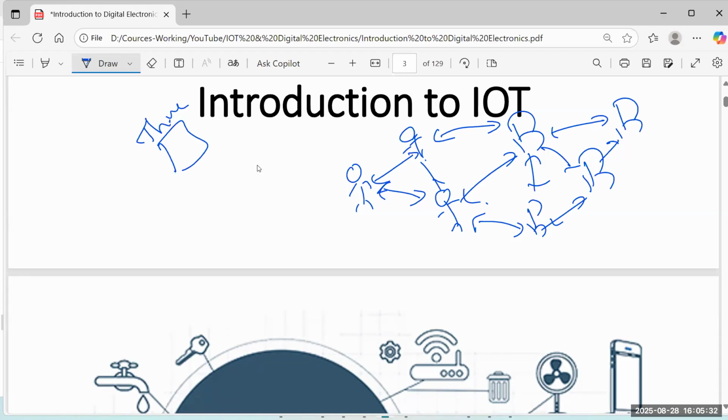So then what about the other things? Of course, we don't think about manual things like knives, brooms, and so on. We don't talk about mechanical things, but there are some other electronic or electromechanical things, and we commonly call them things. What are those? Electronic or electromechanical or anything related to electronics.